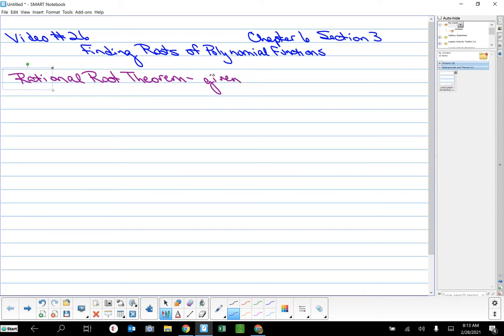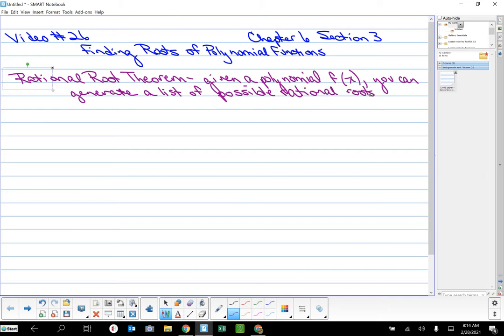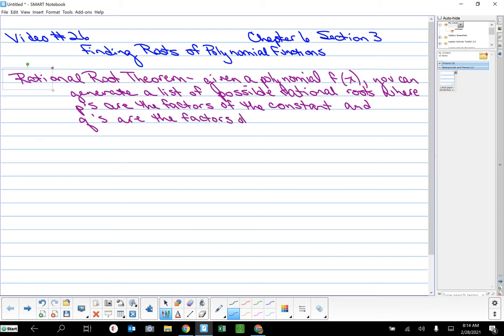Given a polynomial f of x, you can generate a list of possible rational roots, p over q, where the p's are the factors of the constant, and the q's are the factors of the leading coefficient.